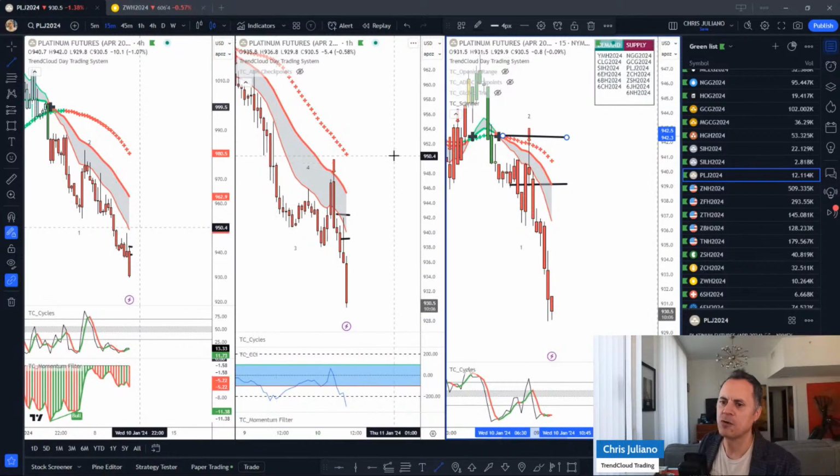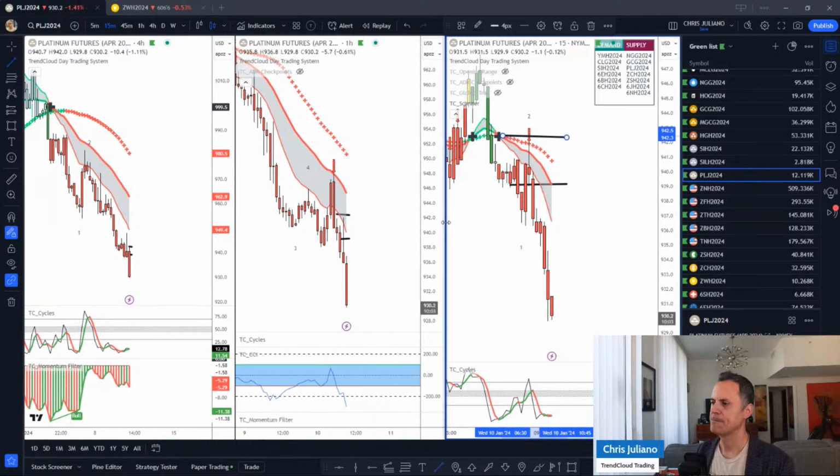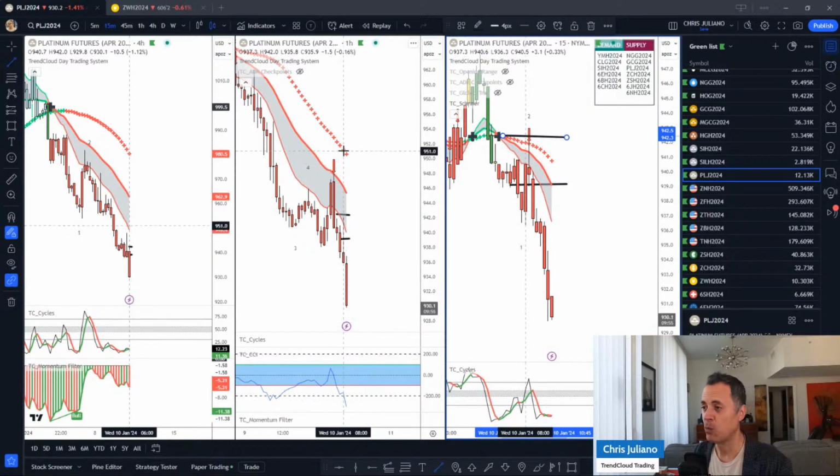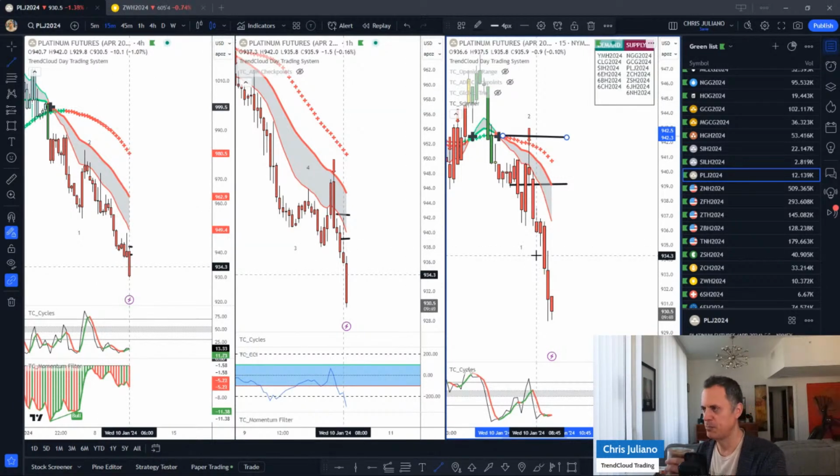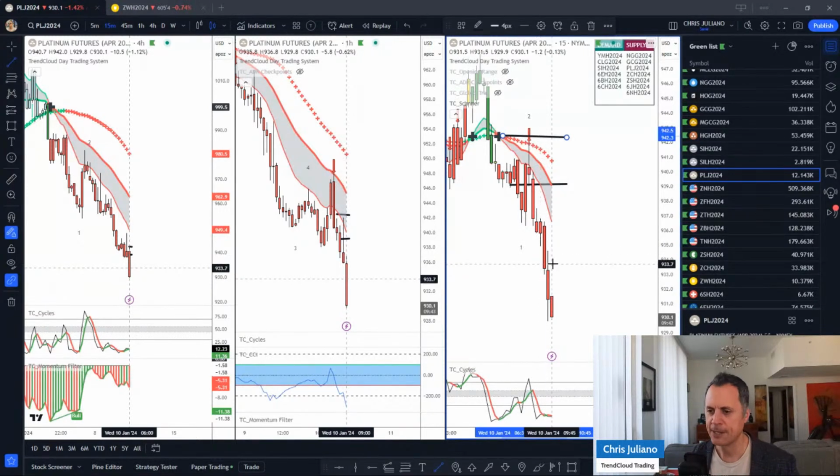Here's your perfect storm, right? 15-minute downtrend, 1-hour momentum is down with a 1-hour downtrend and a 4-hour downtrend. Red across the board. Think we should have been paying attention to that one? I should have been, for sure. That's okay.